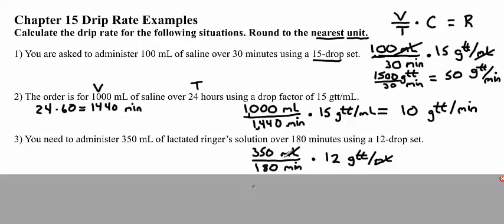The milliliters will divide out. If you divide and then multiply, you'll get 23.3 repeating, and to the nearest drop, it would be 23 drops every minute. That means a drop roughly every 3 seconds. Every 3 seconds, you'll have a drop.